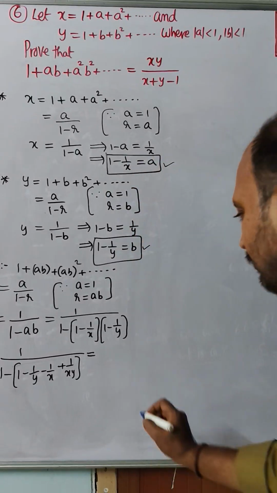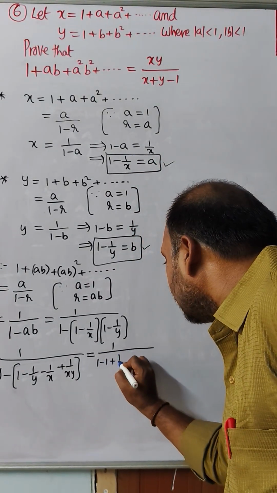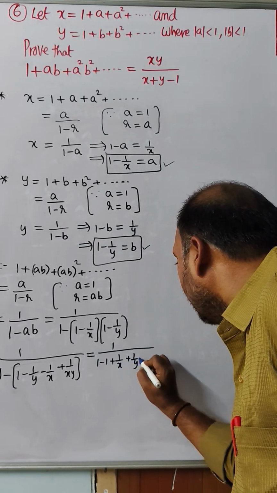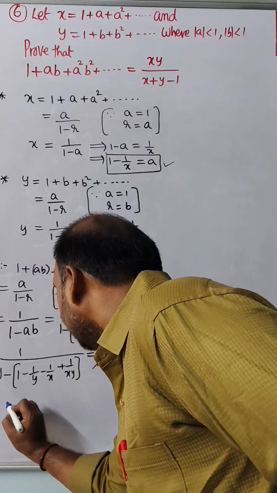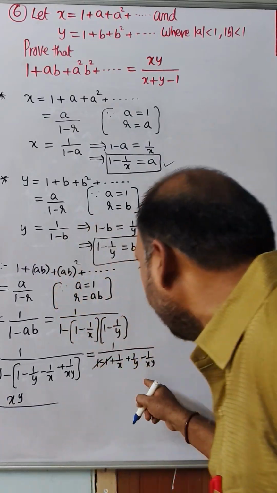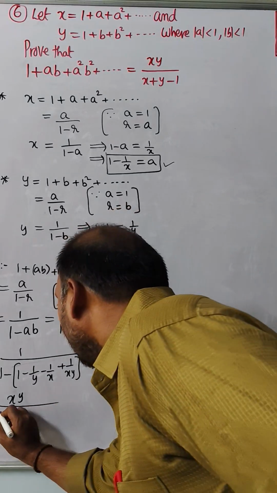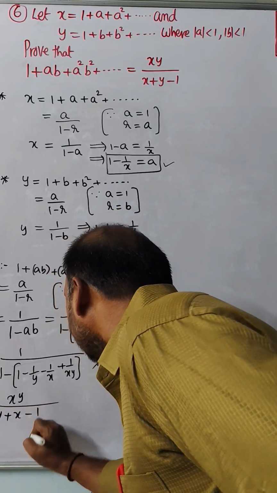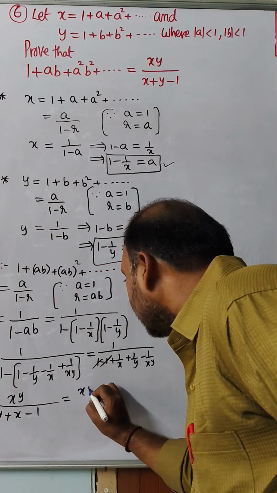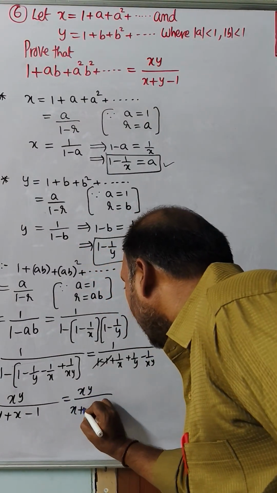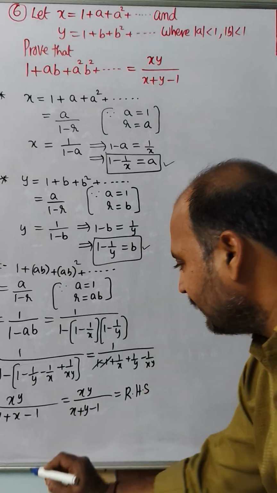Which is equal to 1 by 1 minus 1 plus 1 by x plus 1 by y minus 1 by xy. So these two will be cancelled. Now take LCM. Denominator xy will become the numerator. So here remaining is y plus x minus 1. So this is the required RHS. We can write it like this also: xy by x plus y minus 1, which is the required RHS, dear students.